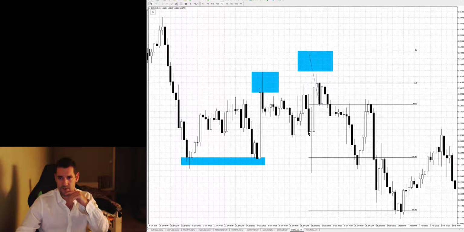So it means that price doesn't want to go lower than this. Let's change the color of that to make you understand that this is important.